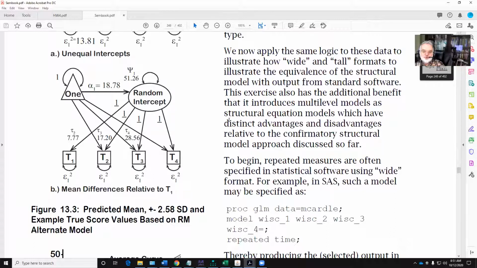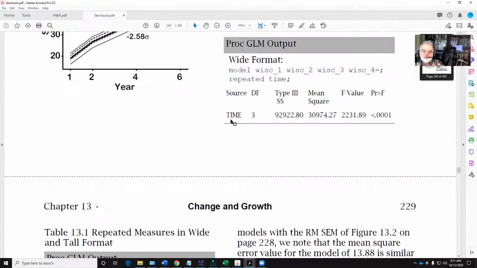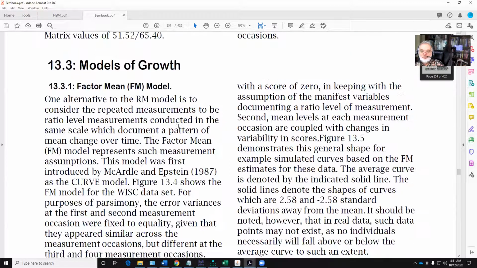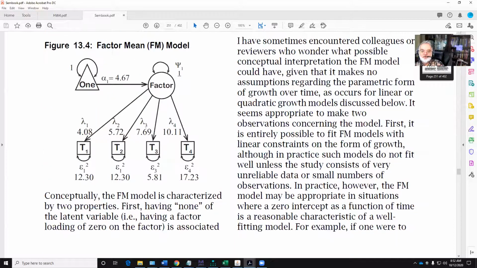So I have just a few seconds, but in terms of showing you a path diagram to start off this discussion, growth has a mean for a latent variable in which the factor loadings are different.